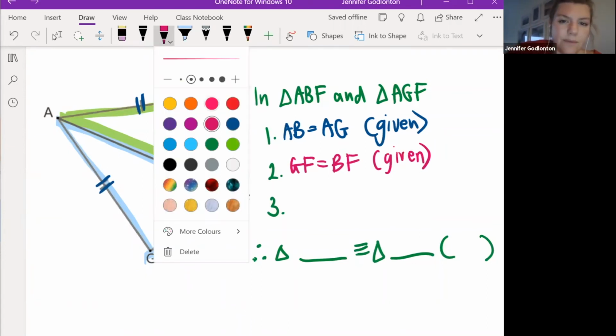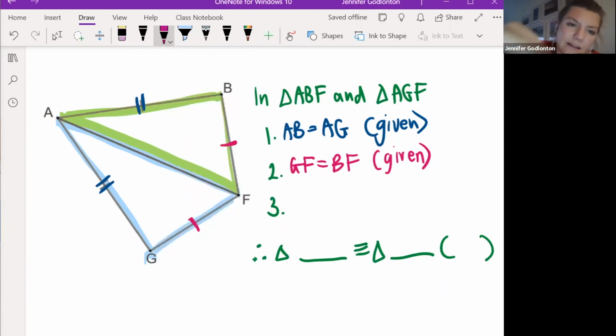Okay. This line here, this line AF, what is special about AF? You can tell me something special. Yes, Unila, absolutely. Okay, it's a common side. Now, if you haven't done congruency and you haven't heard those words before, it's okay. All I want you to be able to see is that AF is part of both triangles.